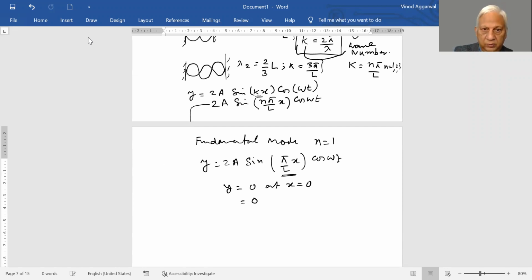And this is also 0 when sine of this is 0, which is at pi, 2 pi, etc. These are the conditions for nodes.